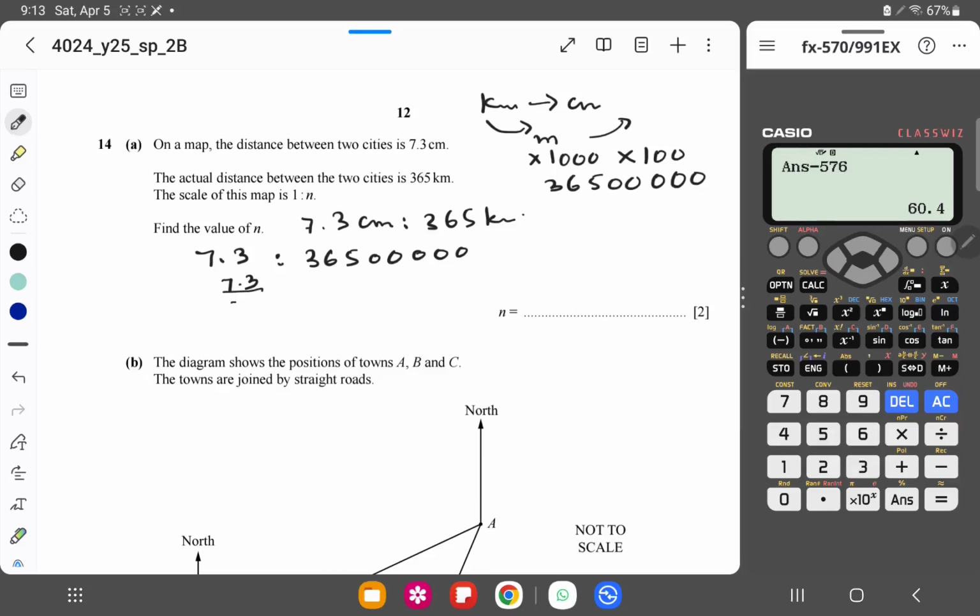So 7.3 divided by 7.3 becomes 1, and this is also divided by 7.3. Dividing 36,500,000 by 7.3, that becomes 5 million. So the ratio is 1 to 5,000,000.